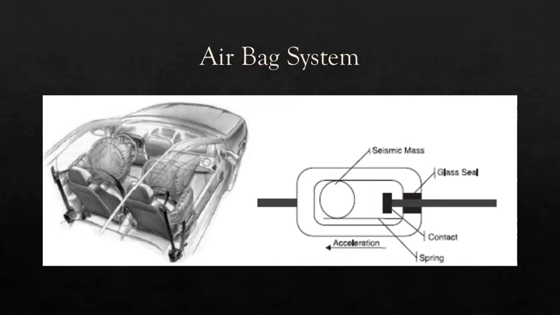Airbag system. The system prevents the driver and front seat passenger from crashing against the steering wheel and into the windshield. This is achieved by physical intervention of an airbag placed in the steering wheel and in the front dash, which pops up and inflates instantly to provide an air cushion.